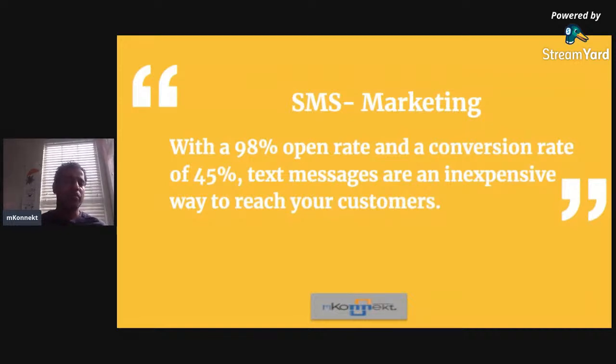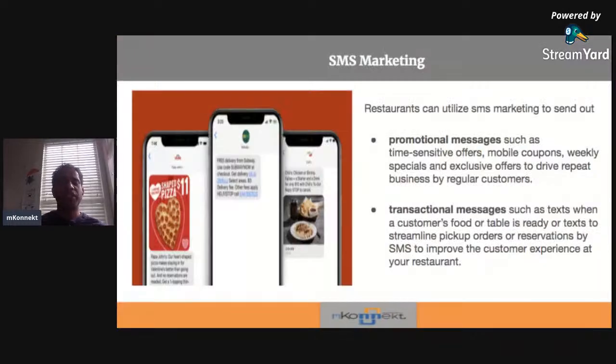Another channel is basically SMS, where you are sending out messages. This is very powerful, and you want to make sure that you get explicit permission from the customers to receive your SMS messages, because today the phone is the most ubiquitous thing, wherever you see people, they have their phones in their hands, and the messages are bound to be read at higher percentages.